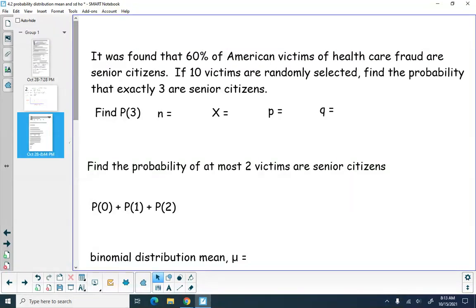It was found that 60% of American victims of healthcare fraud are senior citizens. 10 victims of healthcare fraud are chosen at random. Find the probability that exactly 3 were senior citizens.